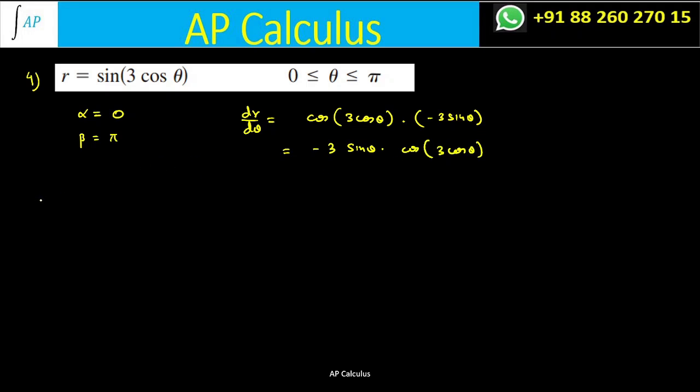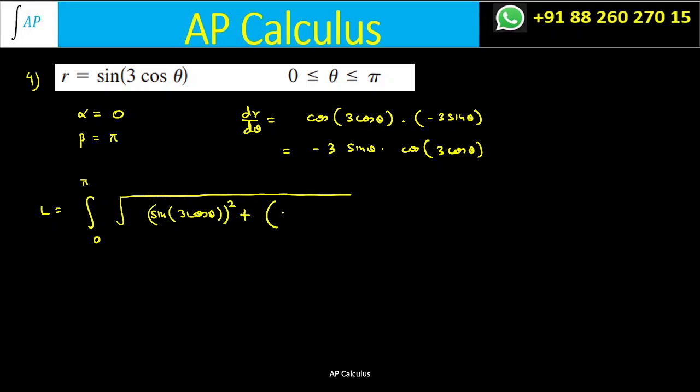Now let's see the length. So length of the arc will be given by the integral from 0 to pi of the square root of r squared, so it is sine of 3 cos theta whole squared, plus dr over d theta whole squared.